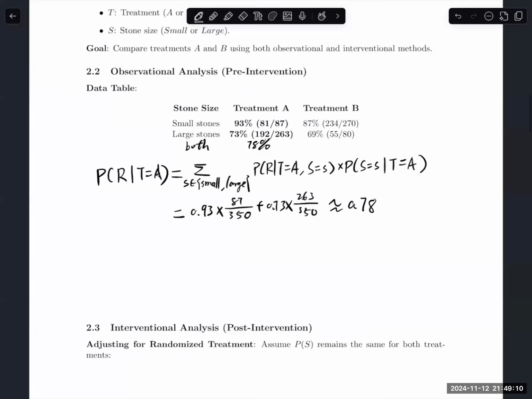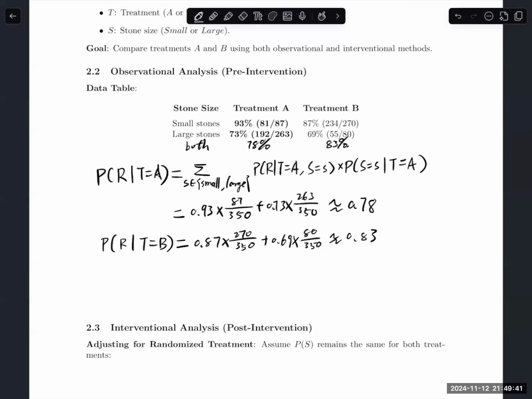So let's consider the probability for treatment B in the same way. It's going to be 0.87 times 270 divided by 350 plus 0.69 times 80 divided by 350. So this is going to be around 0.83, so we have 83%.